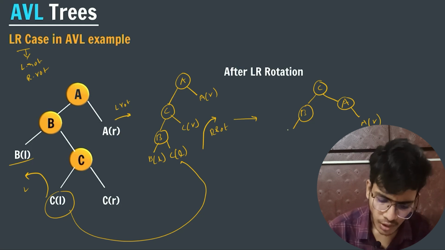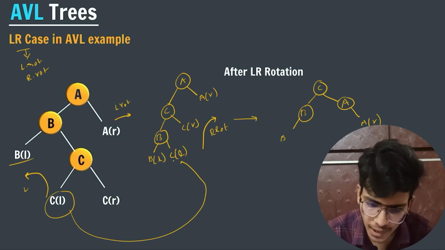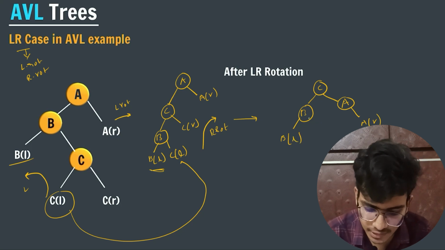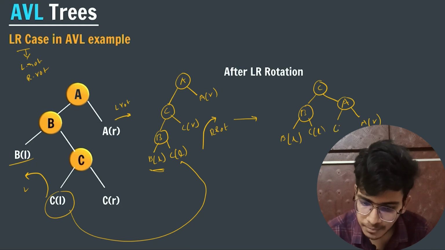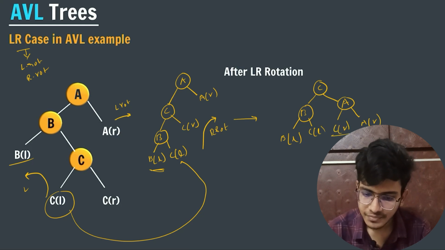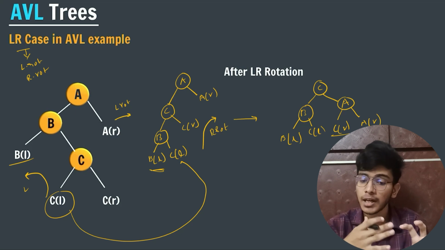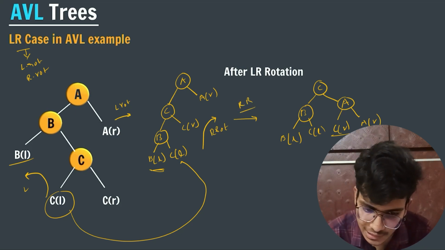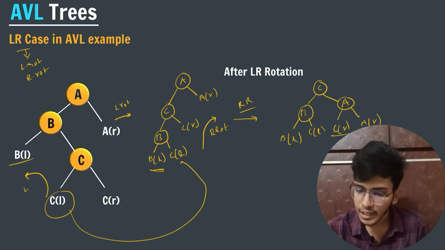Here B's left part will remain the same, BL, and here I will get CL. Now C's right part will come on A's left side.